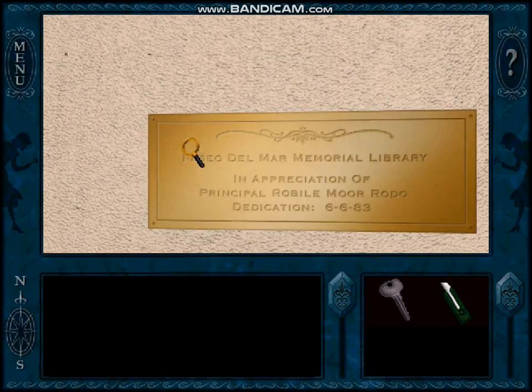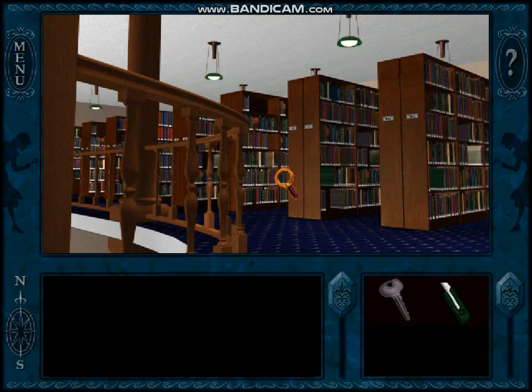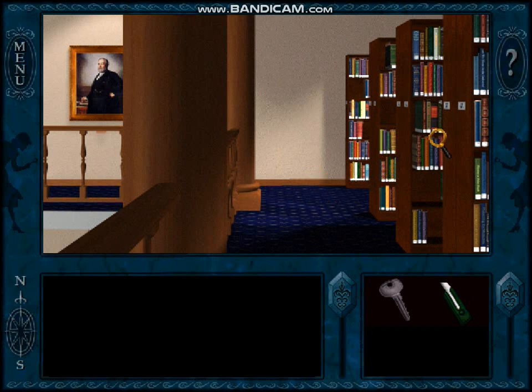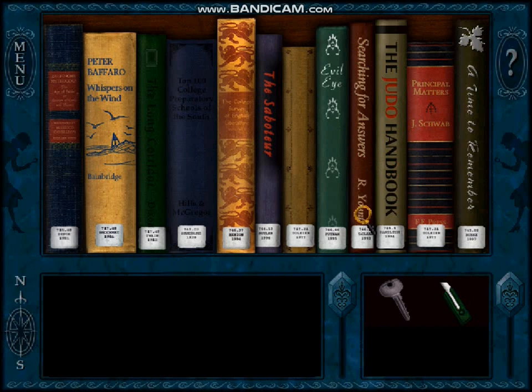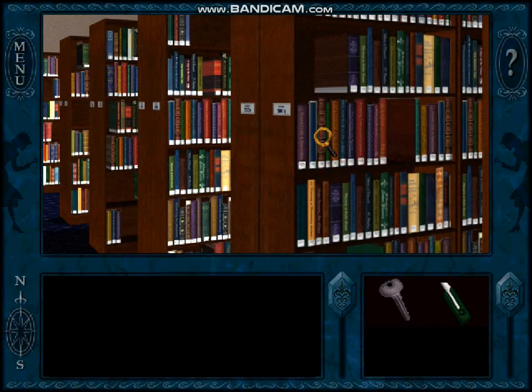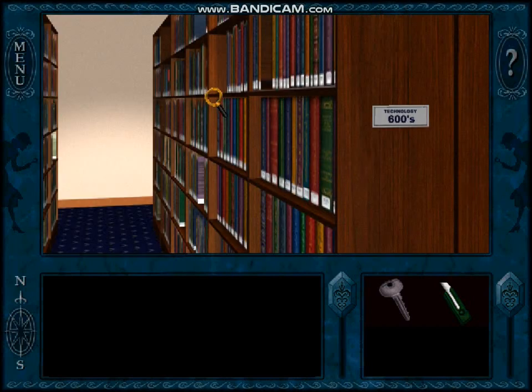So, next thing that we need to do is go upstairs, and we need to start looking at every book. Here we have the Dojo handbook. And this one right here.